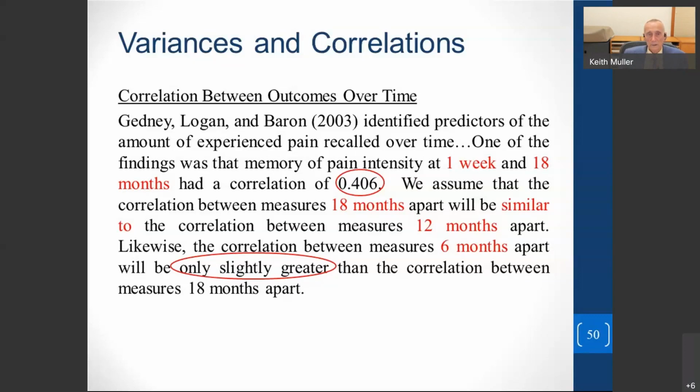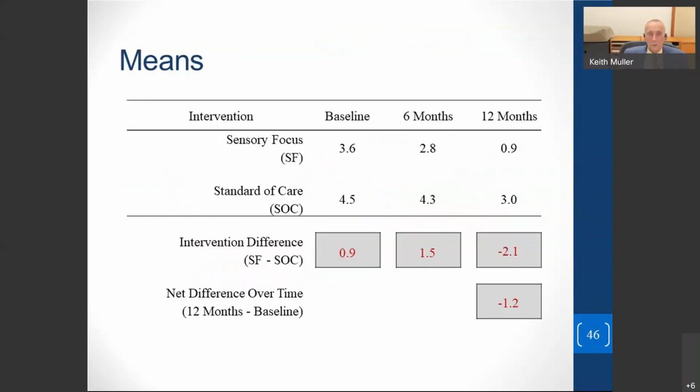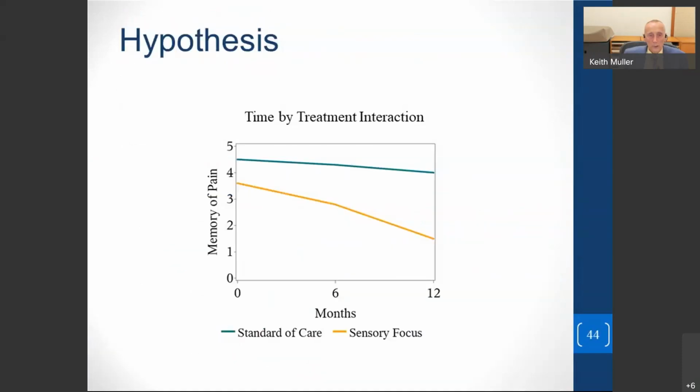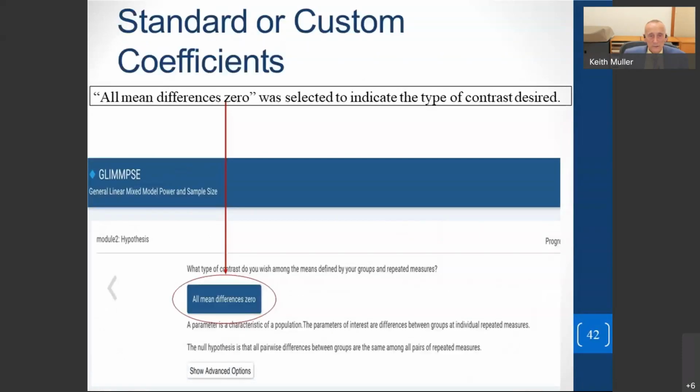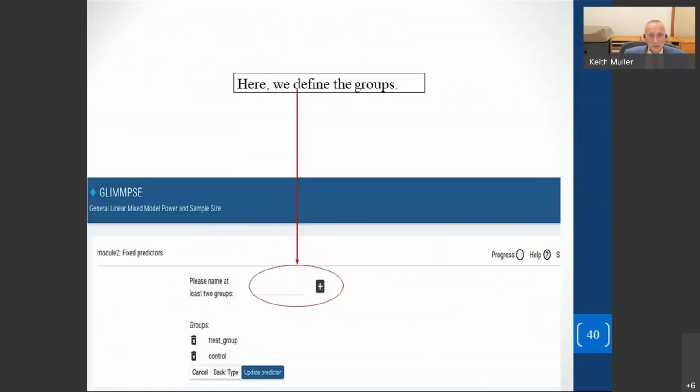Another question, can you use the software to do sample size or power calculations for observational studies? Yes, absolutely. When we define the groups, those are simply names that we provide for the groups.